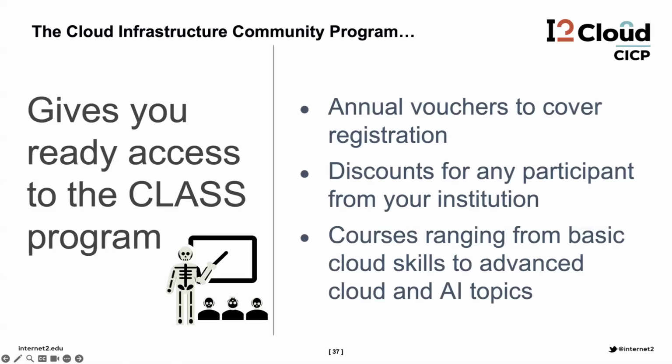Discounts overall on the charges for your participation in class. And of course, there's a wide variety of classes, and much like the meetings in CICP, the topics covered in these courses are in response to the needs of the community.